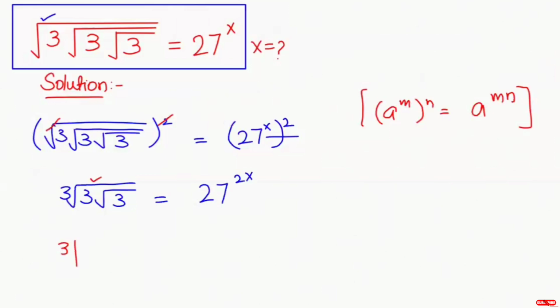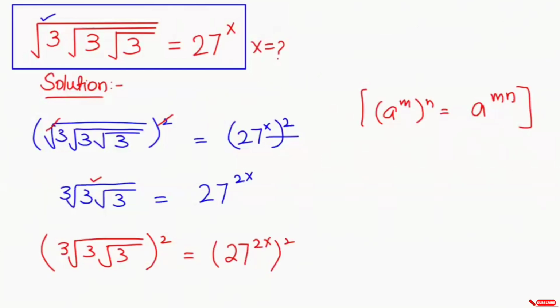3 root of 3, whole to the power of 2, equals 27 to the power of 2x times 2. Now I'm going to write this equation in this way: 3 to the power of 2 times root of 3 root of 3, whole to the power of 2, equals, again the powers are multiplied, 27 to the power of 4x.